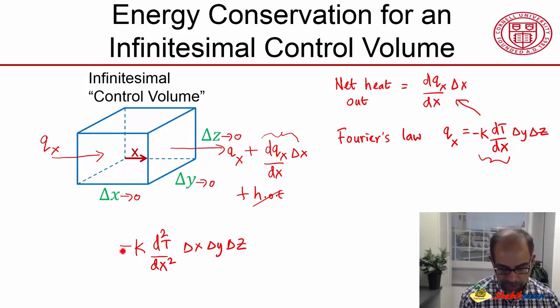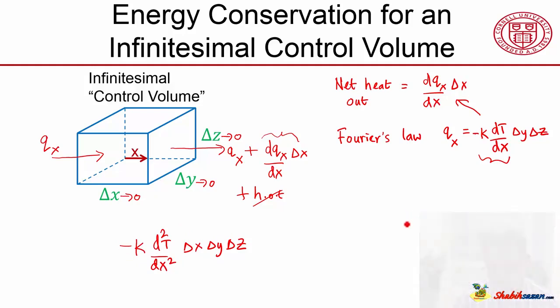This represents a net heat flow through the faces, and I'm going to be assuming 1D. Let me list assumptions here as I'm going along. I have assumed one-dimensional, so there is no heat flow through these other faces.